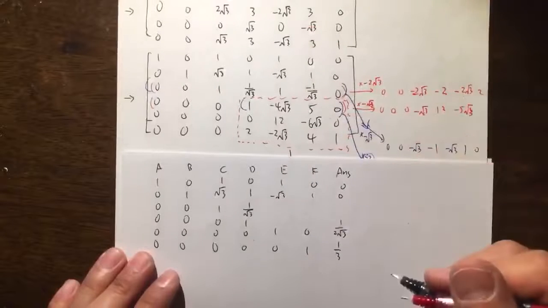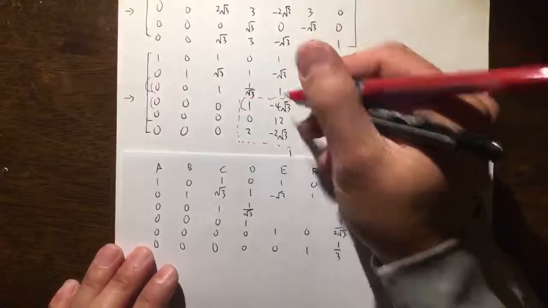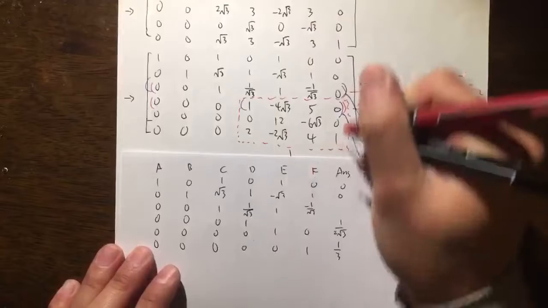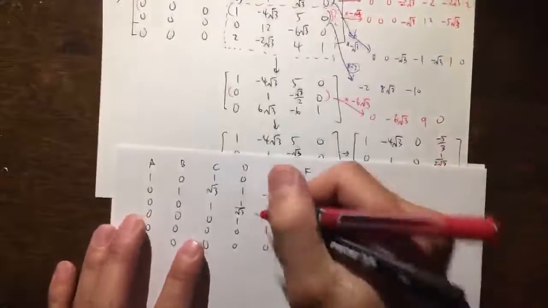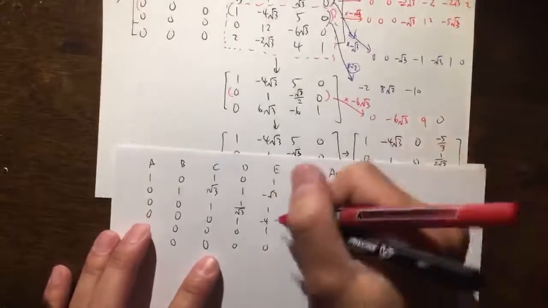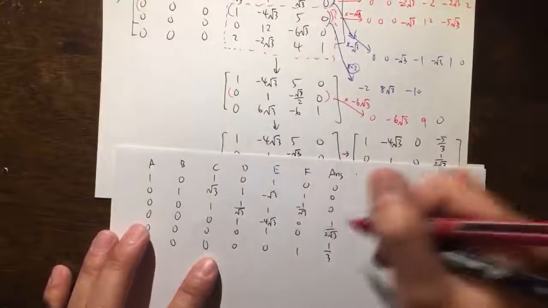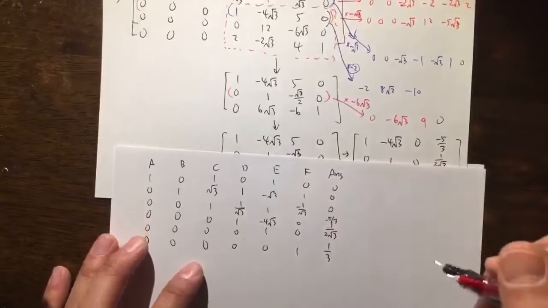I am not writing too neatly, unfortunately. This is 1, and then this is negative 1 over square root of 3, and then this is still 0, and then this right here is what we found. So I'll put down negative 4 square root of 3, and then this is 0, and then I need a negative 5 over 3, like that, okay?